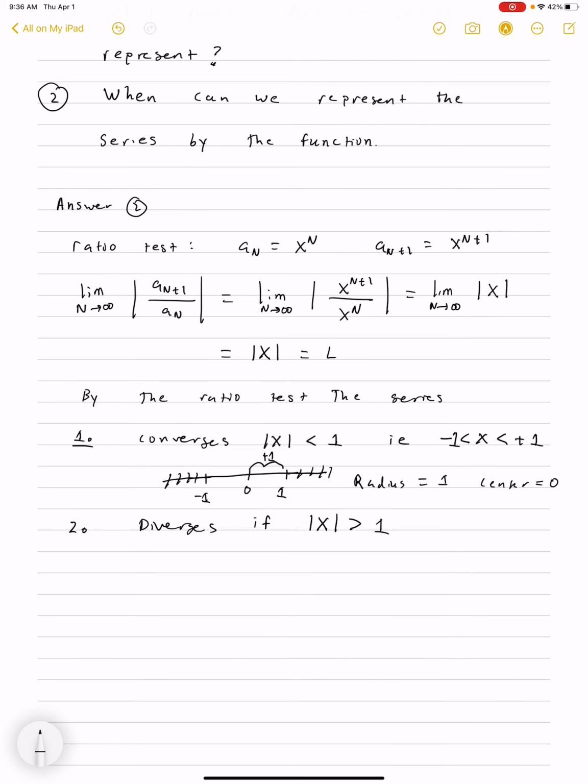Okay. There's a third statement. If the absolute value of x equals 1, i.e. x equals plus or minus 1, then no info from the ratio test, so use another test.